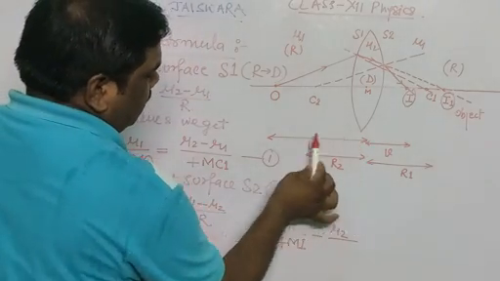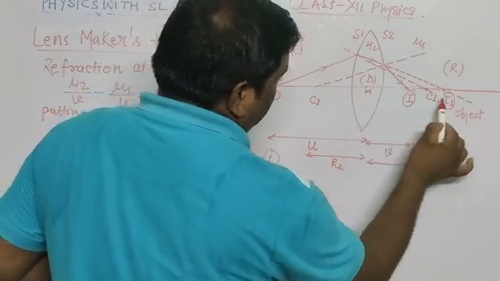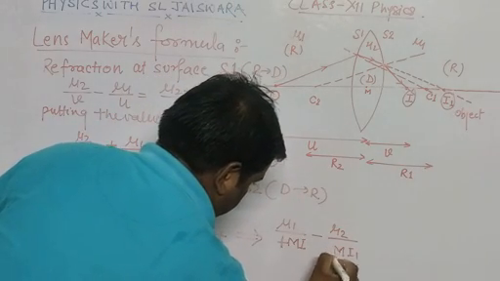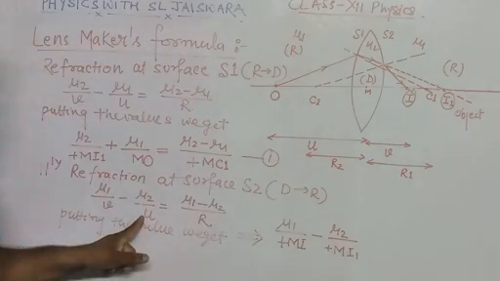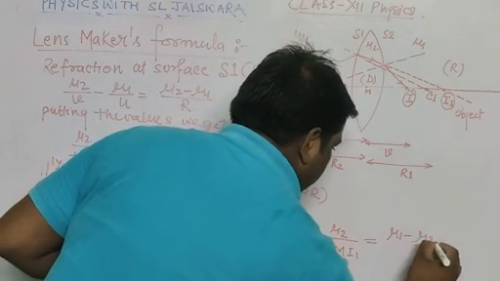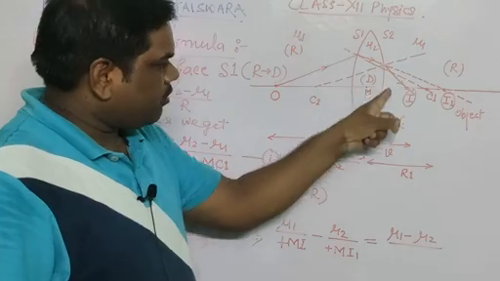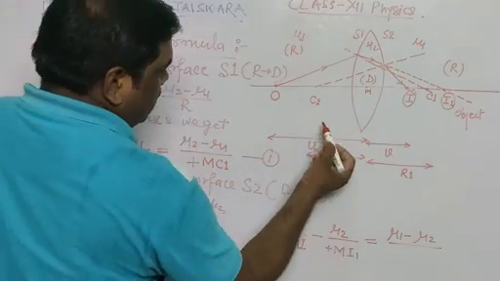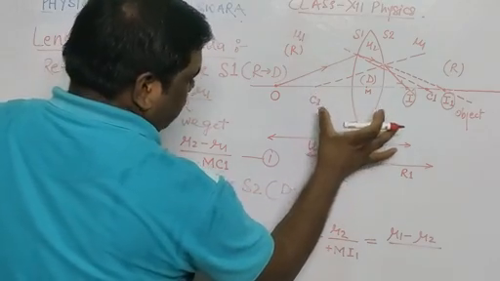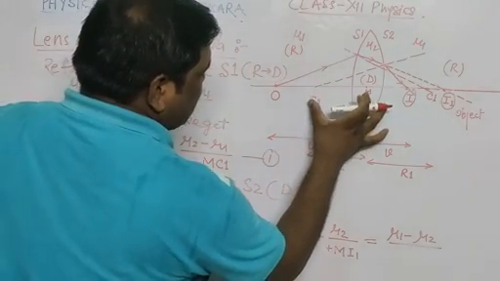Don't take this by mistake. For I', the object here will be I. So mi1 will be the object distance and the sign of mi1 will be positive, and this is equal to mu1 minus mu2 upon r, the radius of curvature of the first surface, that is r2 you may say. Firstly we'll write in notation, then we'll substitute the values.